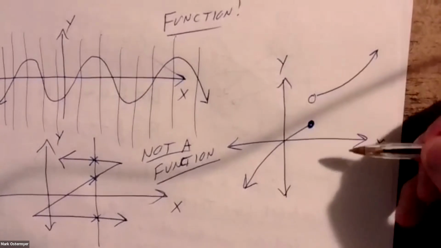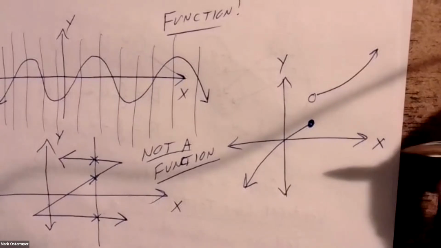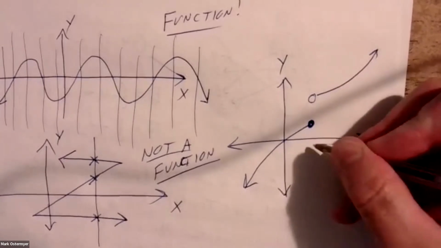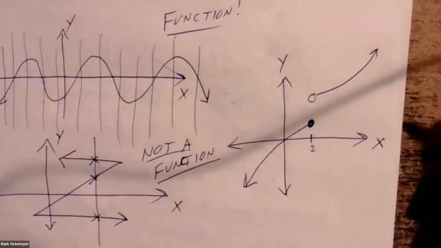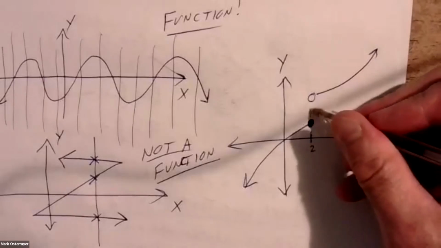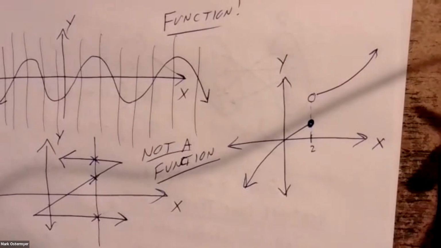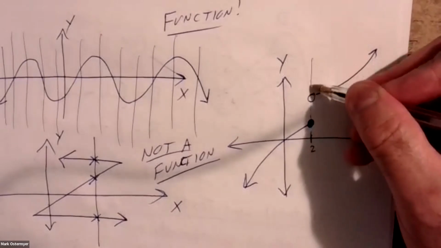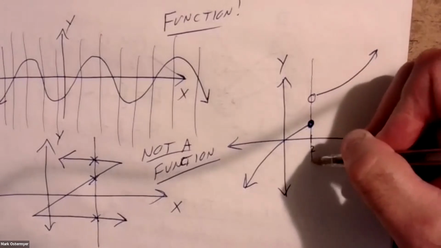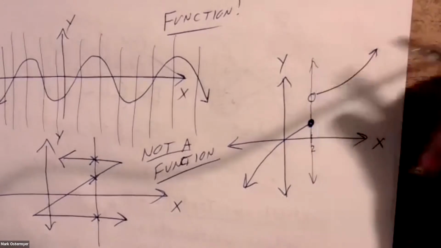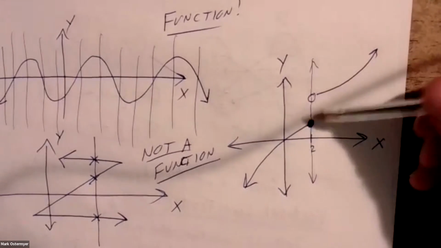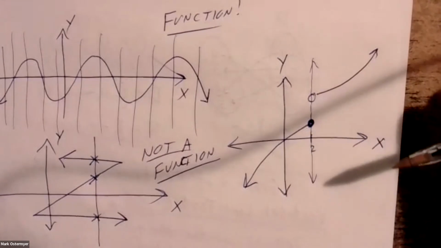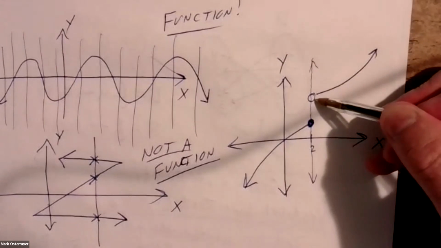Well, could I put a vertical line somewhere in the XY plane and strike this graph at more than one point? Is it possible? Well, some of you are saying, well, what if I put a vertical line through x equals 2? It looks like the vertical line strikes the graph at more than one point, here and here. But actually it doesn't, because this is an open circle here.